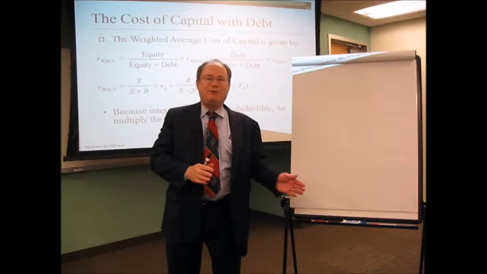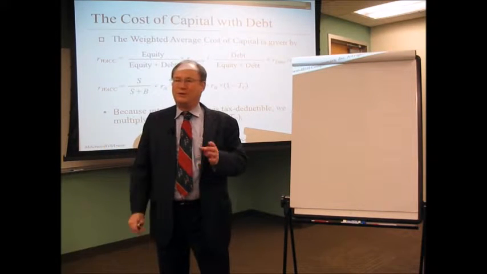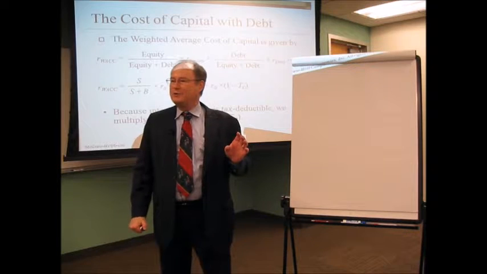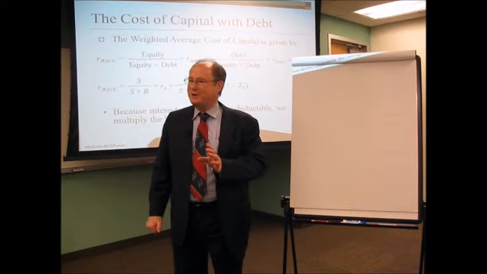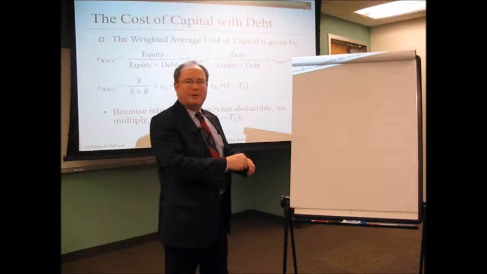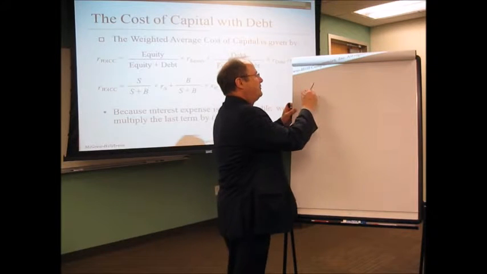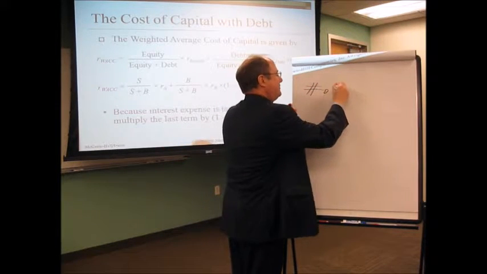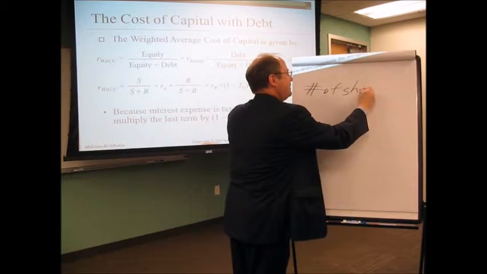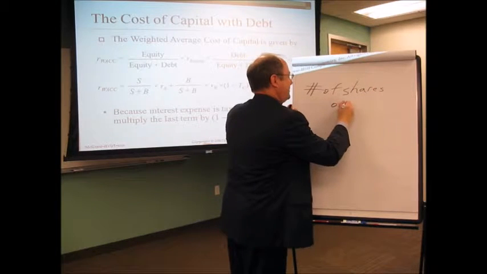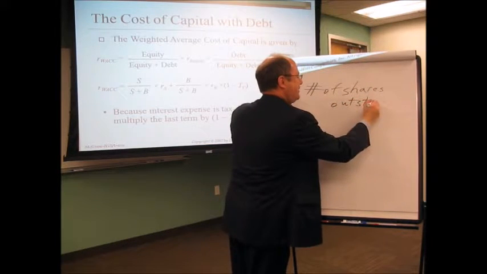The equity may very well have grown over the years, but because we go by historical costs, it won't necessarily be reflected. So what do we do? We take the number of shares outstanding. You can find this at the bottom of the income statement.